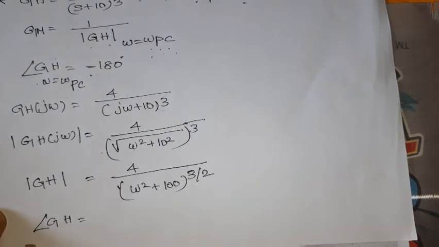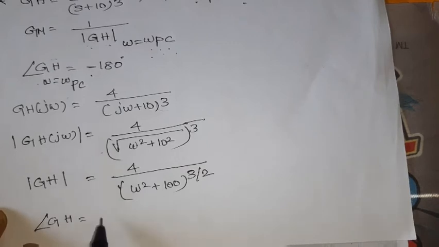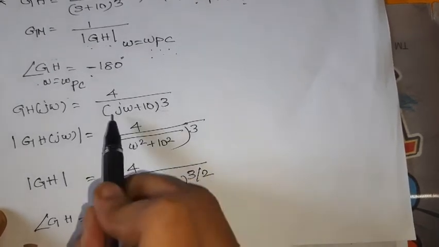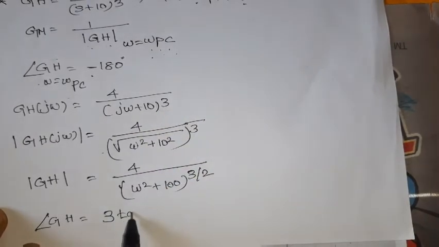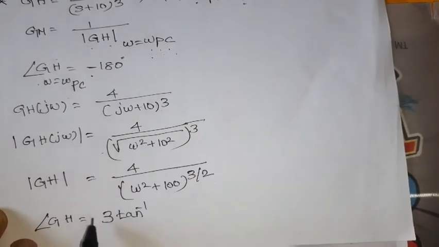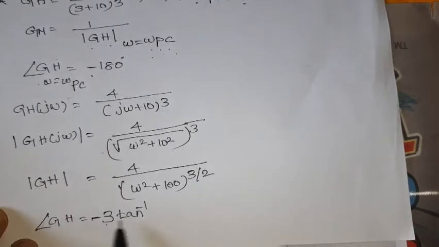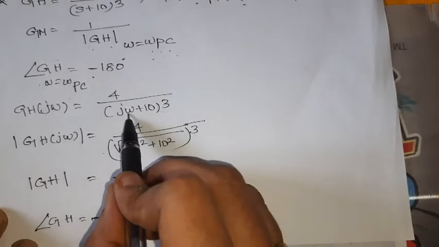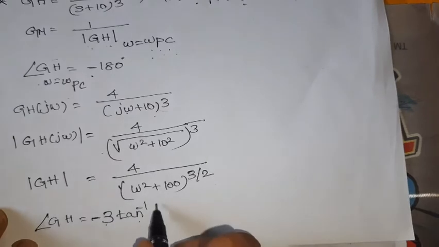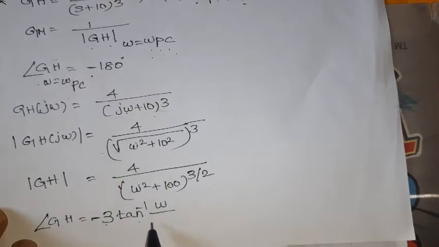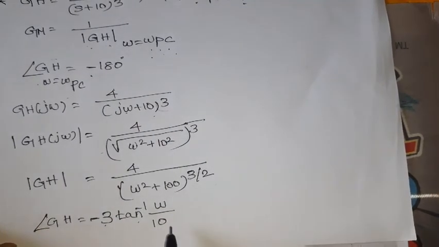So we get 3 phase values. We can write it as 3 times the same phase value, tan inverse of imaginary part divided by real part, with a minus sign since it is in the denominator. What is the imaginary part here? Omega divided by 10.